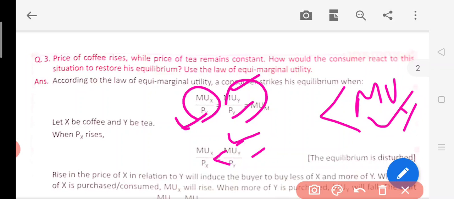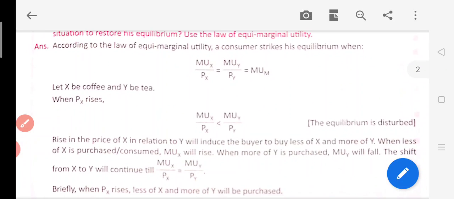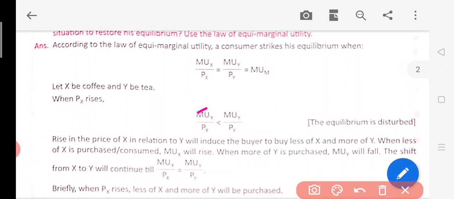Then definitely you are not spending money on coffee, which is the X commodity. So automatically the desire for coffee, or X commodity, will rise, and there will be a stage when MUX upon PX will become equal to MUY upon PY. So this is how he is going to restore his level of equilibrium.